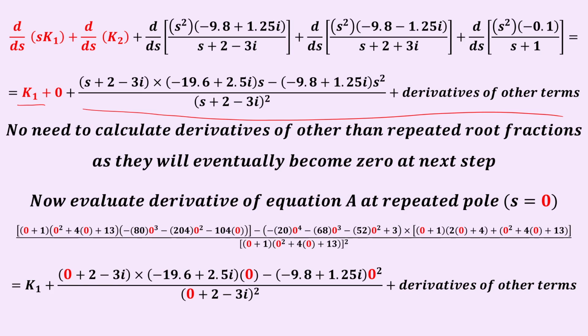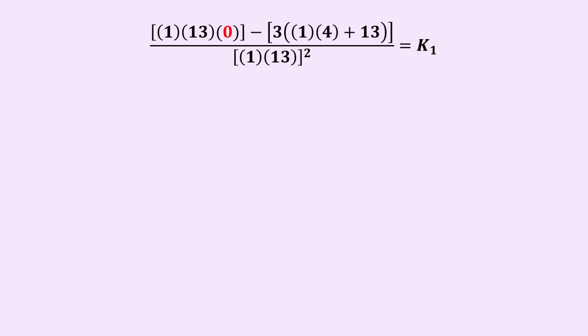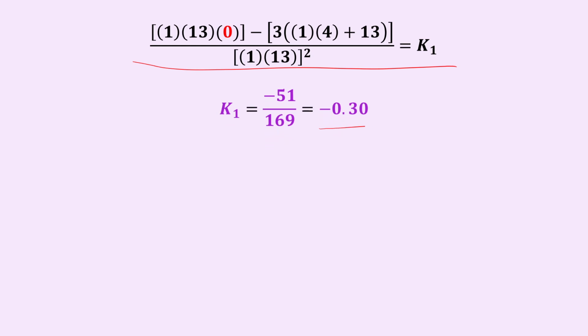And here you can see that at the right hand side, other than K1, all other terms will eventually become 0. So that's why we don't need to calculate them and don't need to do extra computation. After evaluation at the repeated pole value, the K1 equation becomes very simple, and we will further manipulate this relationship in order to get the value of K1, which is minus 0.3.